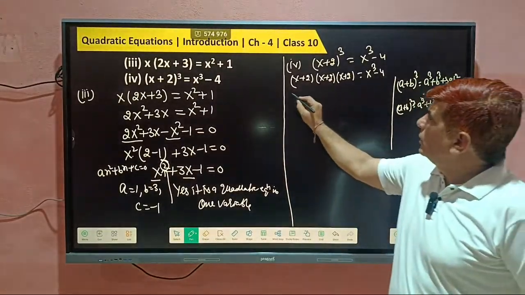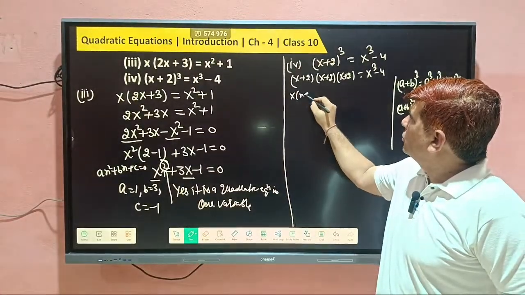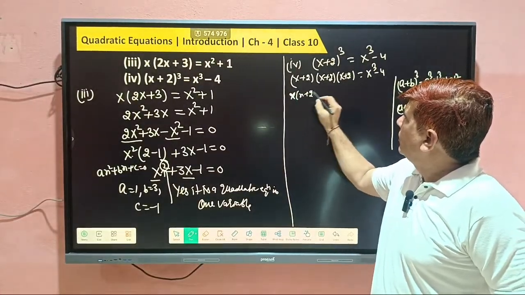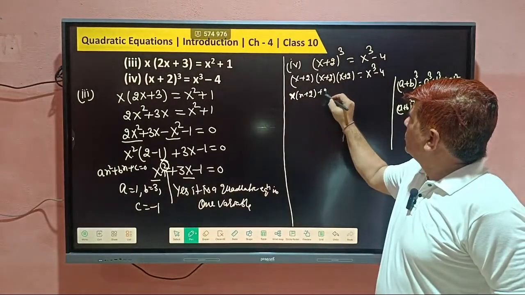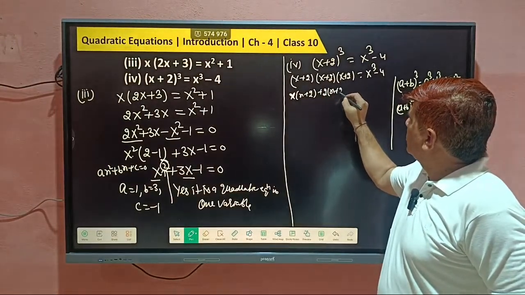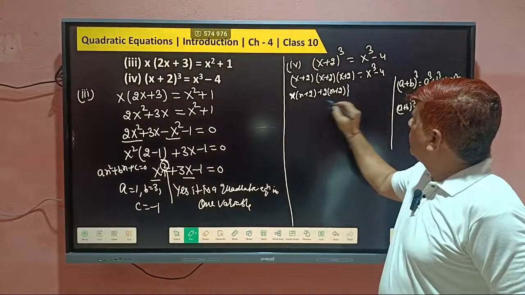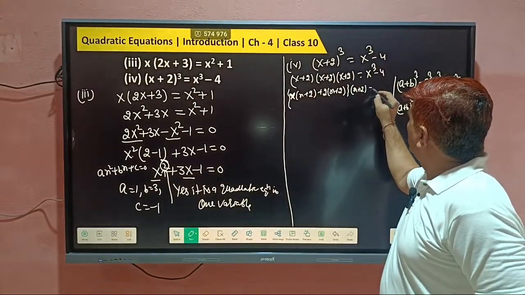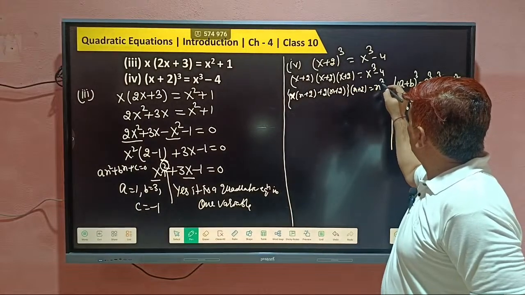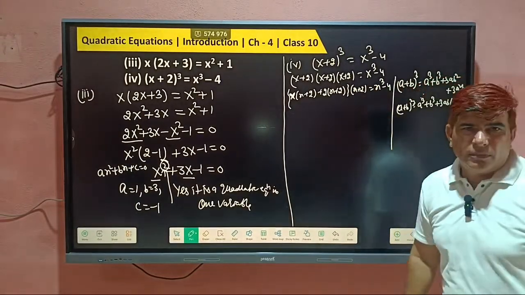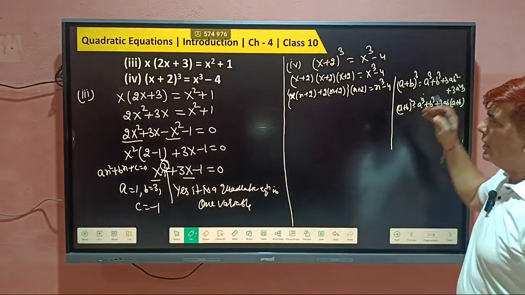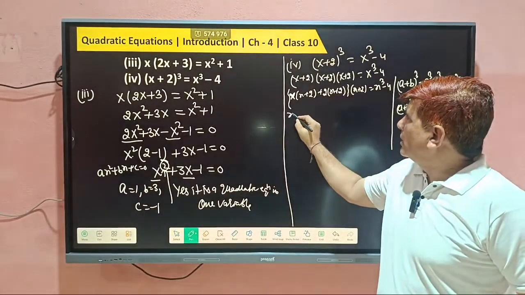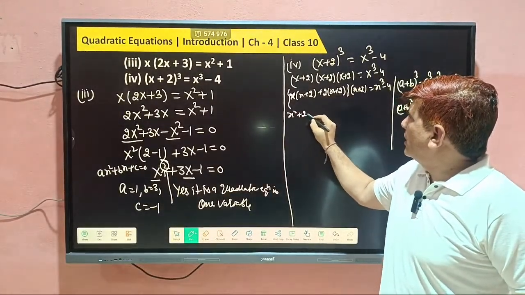So x plus 2 into x plus 2, and the whole multiplied with x plus 2, is equal to x cube minus 4. Otherwise, I can directly use this identity.